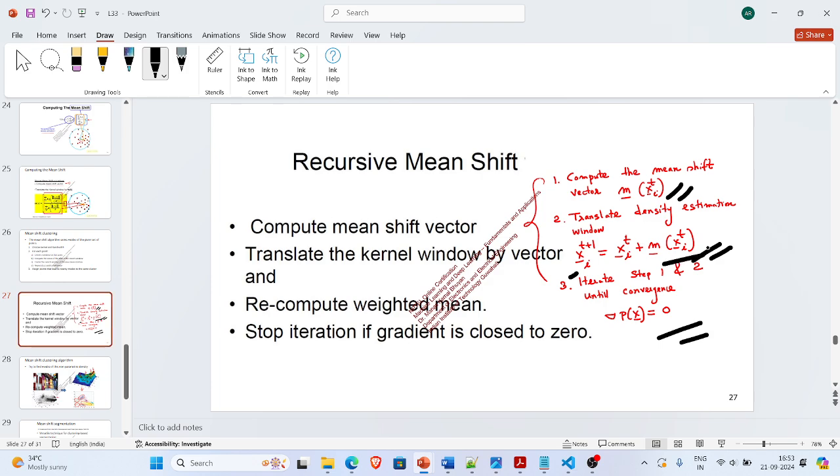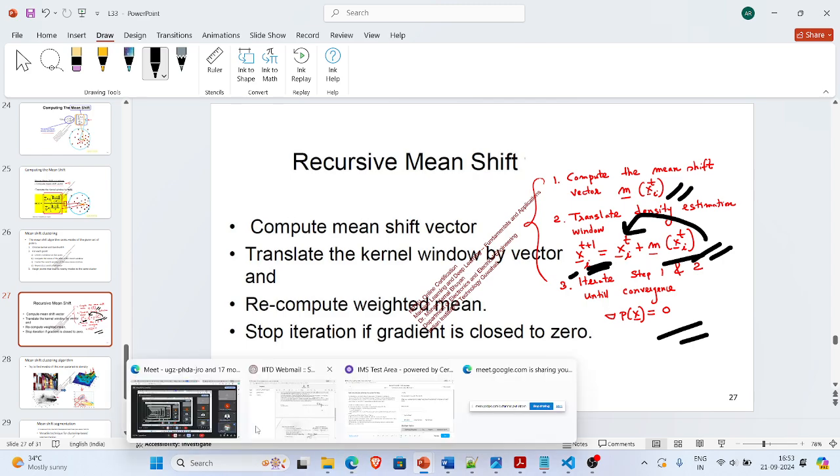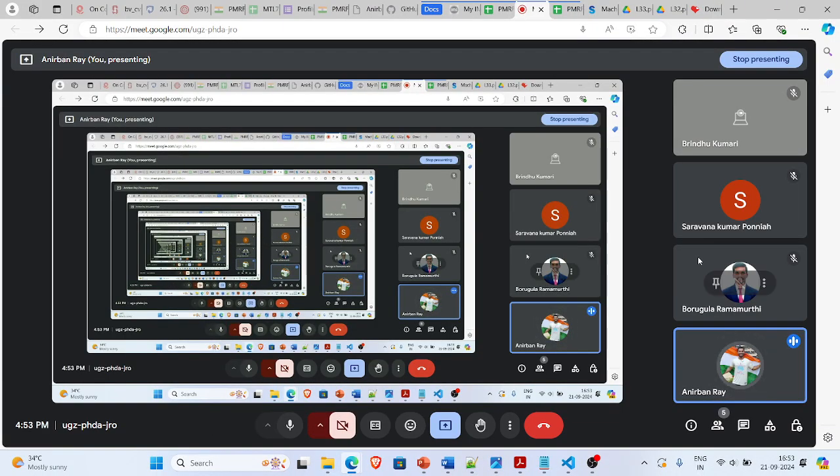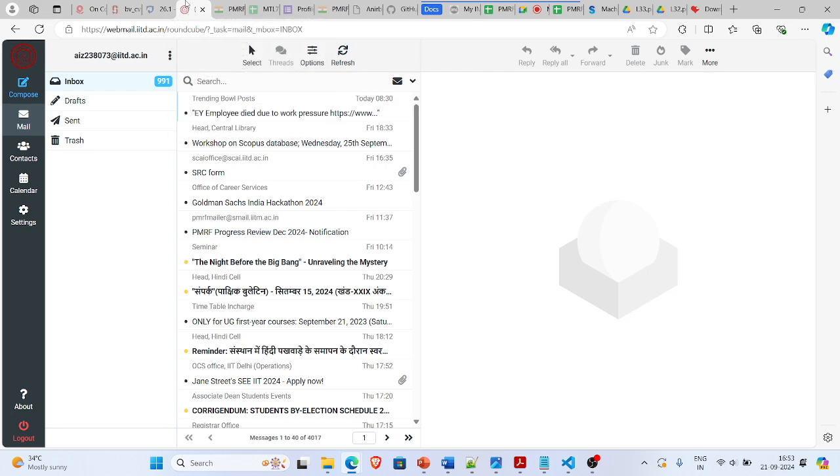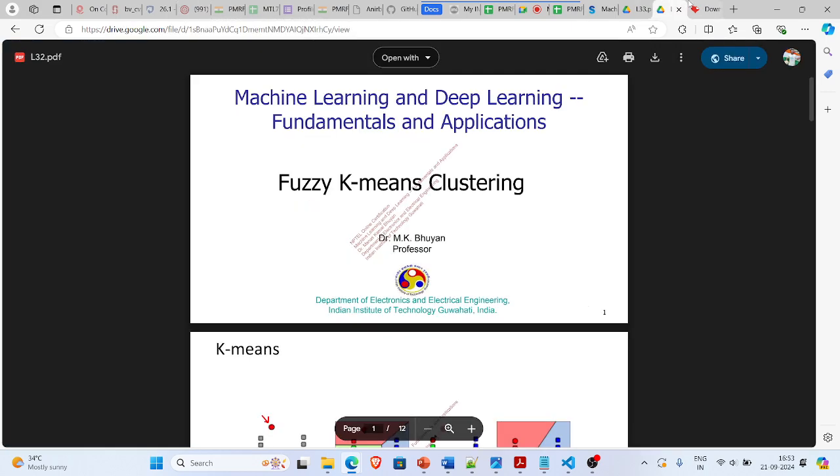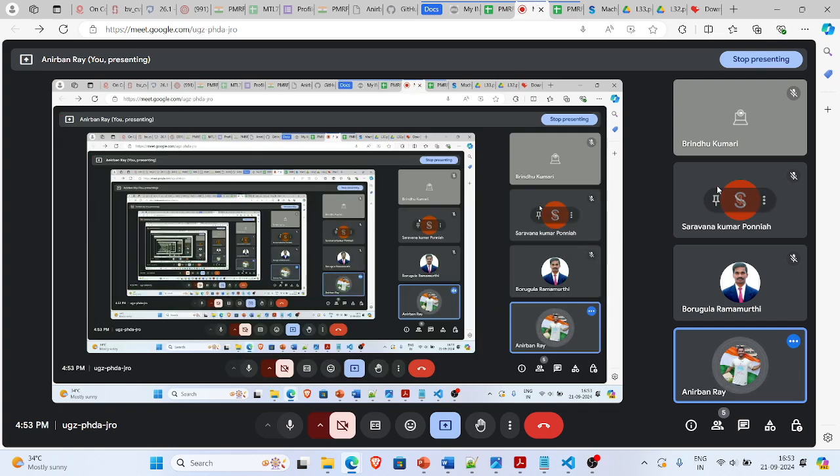Adding that to the initial centroid value, you'll get the first step. After the first step, what is the value? So this is how it should be done. Any doubt? No doubt.